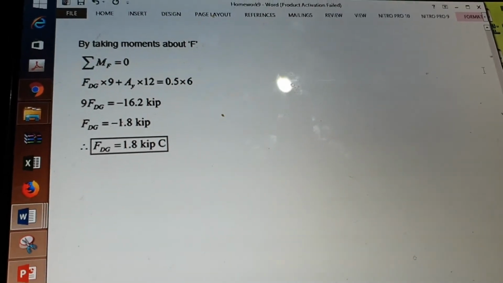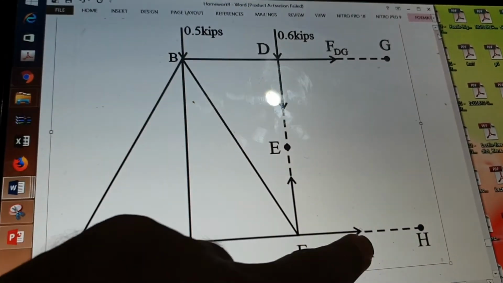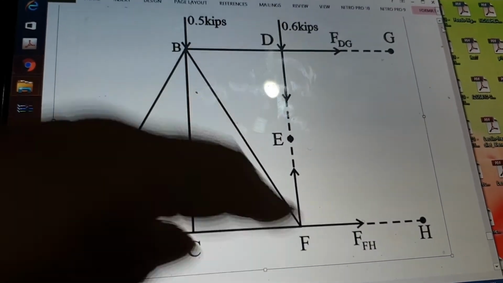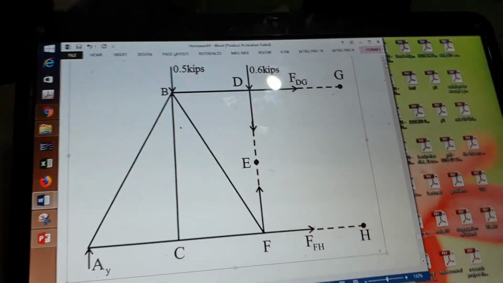But let's do summation moment at F. Here. This is cancelled, this is cancelled. What else? That's it. So you can see that AY will pull it in the negative 12.